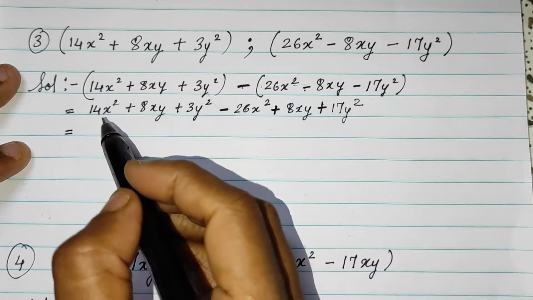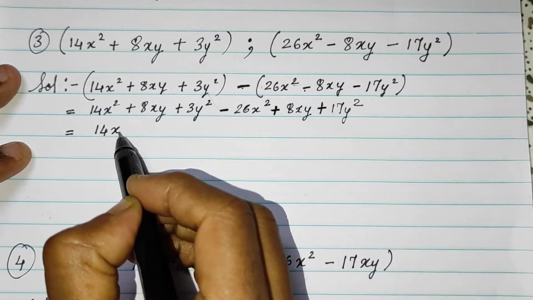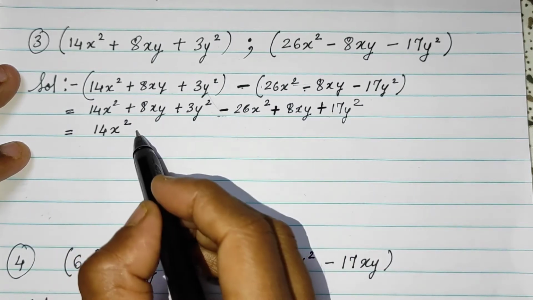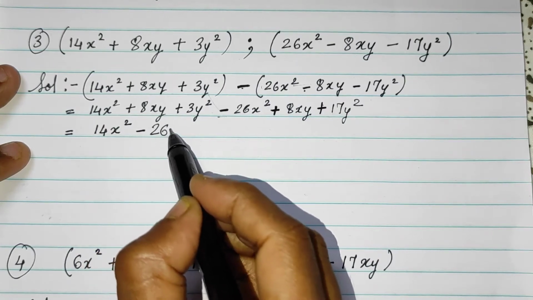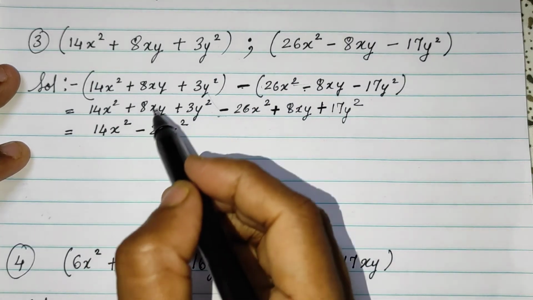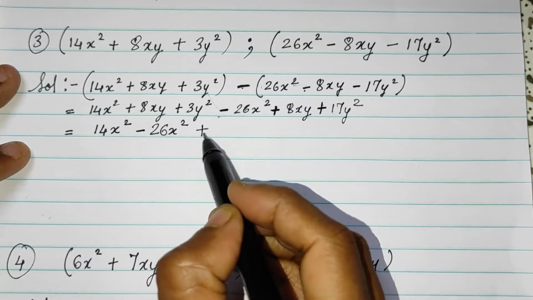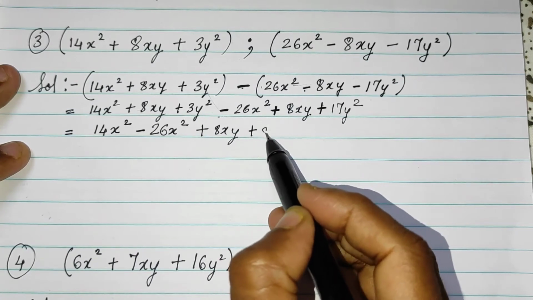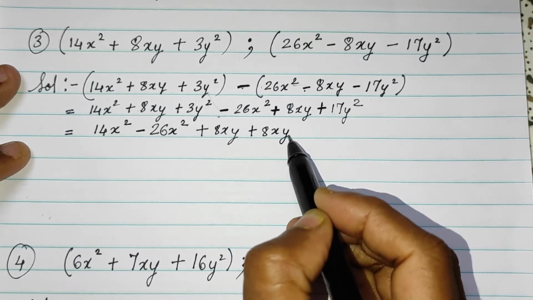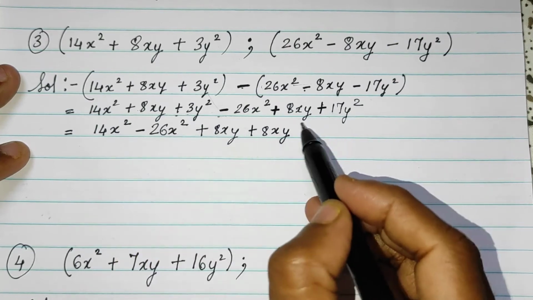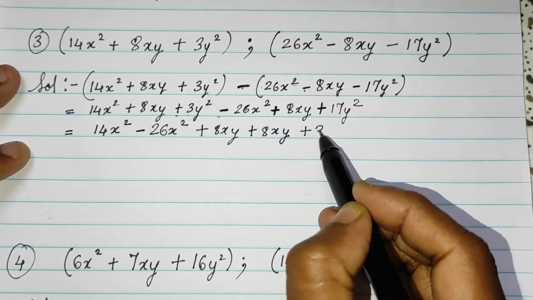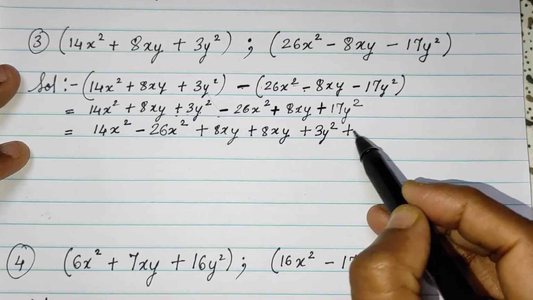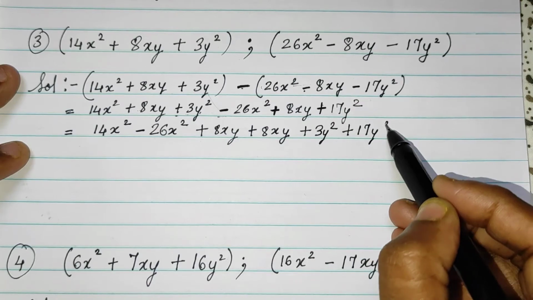We have to write down all the like terms together. So 14x square, and then you have this minus 26x square. Then this plus 8xy, and here also you have plus 8xy. Then here plus 3y square, and again plus 17y square.